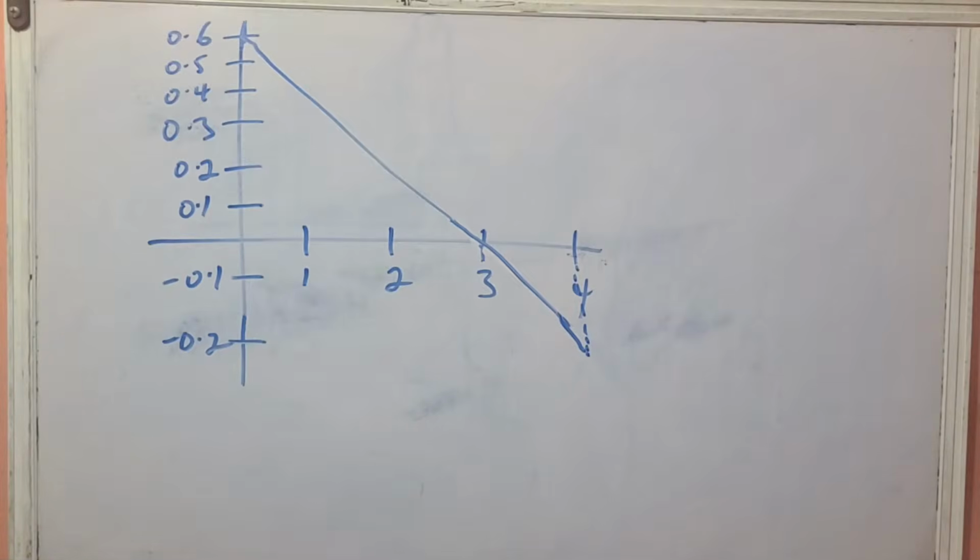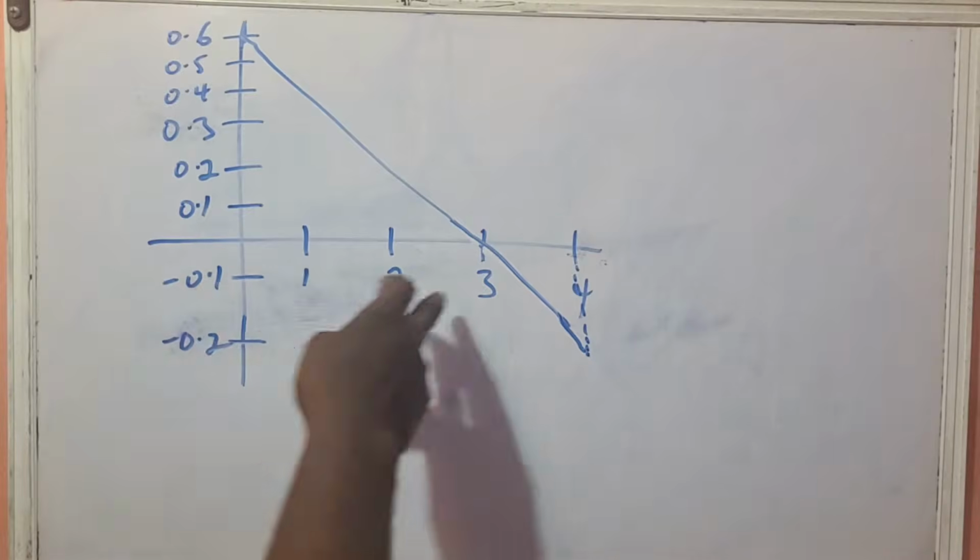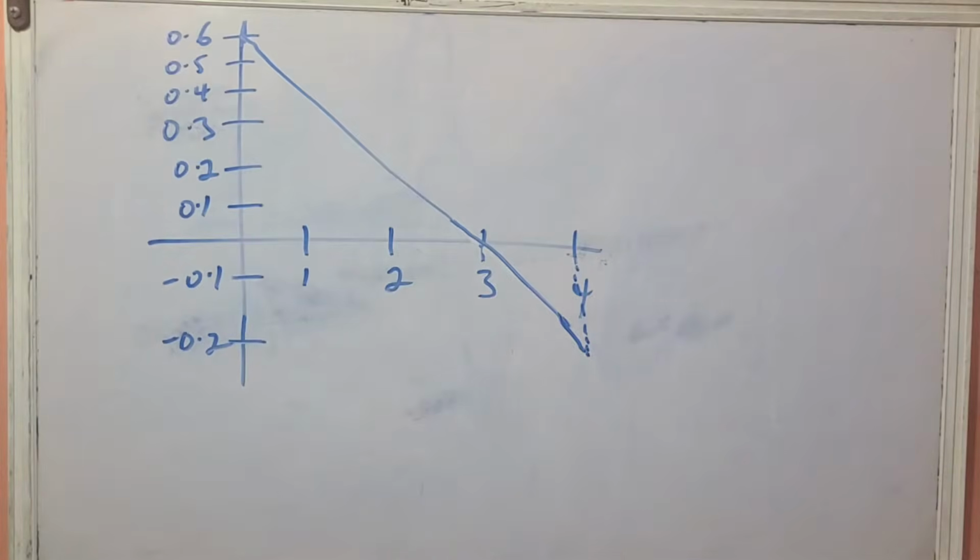Now, of course, you should recognize that this 1, 2, 3, 4 represents the x value, and this obviously represents the PDF. So guys, this graph we have right here, could this be the graph of a probability density function? Could this be the graph of a PDF? Let me get responses.